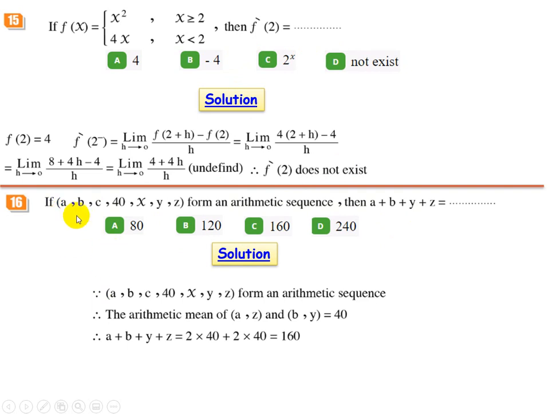We know that this sequence is an arithmetic sequence, so the arithmetic mean of the terms a and z, b and y equals 40, which means that a plus z over 2 equals 40, so a plus z equals 40 times 2, and b plus y over 2 equals 40, so b plus y equals 40 times 2. So a plus b plus y plus z equals 2 times 40 plus 2 times 40, which equals 160.